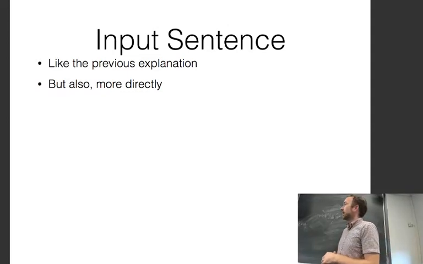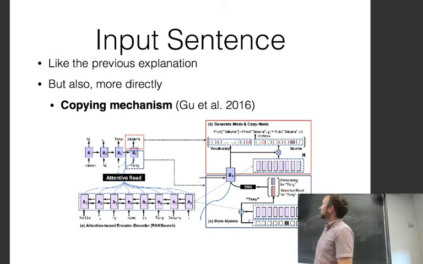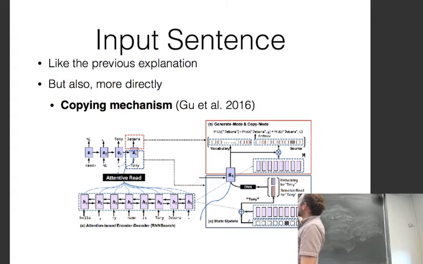It's also very common to use the attention more directly over the input sentence. One way you can do that is with unknown word replacement, which I mentioned in the reading materials. There's also a method that takes it a step further and uses it not just for unknown word replacement, but for copying words directly into the output.